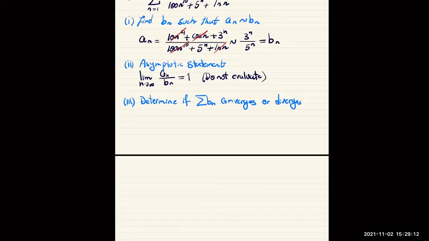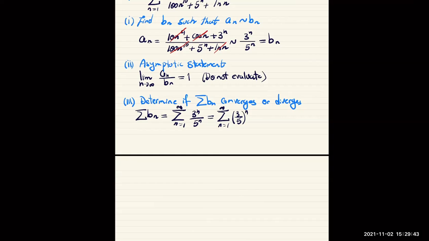So the summation of b sub n is, again, here n goes from 1 to infinity. It's 3 to the n over 5 to the n. All right, look, these are both exponential. These are both geometric. So you can write that as a single base 3 over 5 to the power of n. And that tells you what the common ratio is.